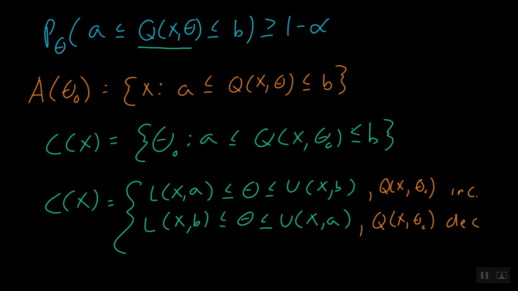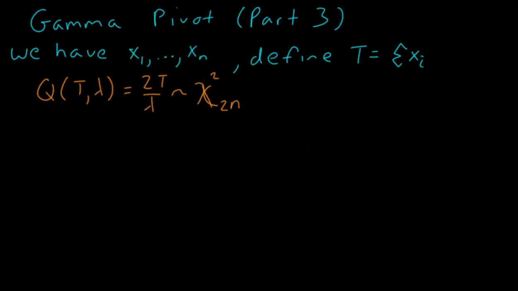Now that we've set up these definitions for constructing our confidence set, let's go ahead and return to the explicit portion of our example. Okay, so here we have our gamma pivot, part 3. Let's take these things back from our explicit example from part 1. We know that we have IID X1 through Xn following an exponential population with mean lambda, and we've defined our test statistic T as the summation of all of our Xi's.